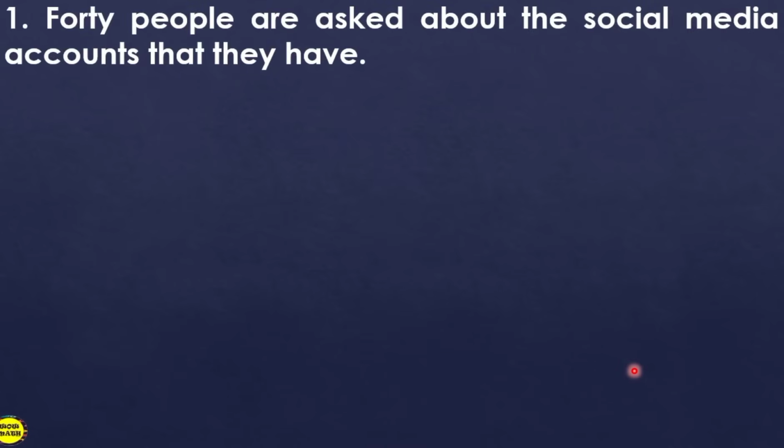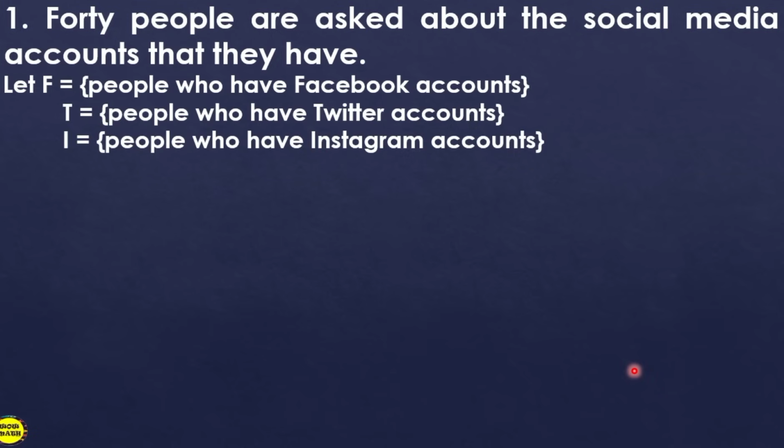Forty people are asked about the social media accounts that they have. Let us illustrate the given Venn diagram represented by the problem. In this problem, we have the people who have Facebook accounts, Twitter accounts and Instagram accounts.